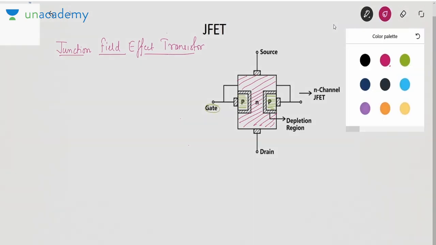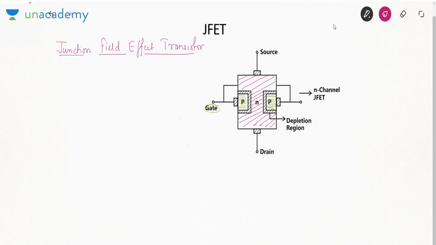Like in BJT, we had a base terminal. In FET, instead of base, we use the term gate. So gate is replacing the base of the device. Now this device is called an N-channel JFET. What is meant by N-channel? The entire path between source and drain is an N-type semiconductor, and that is called an N-channel JFET.